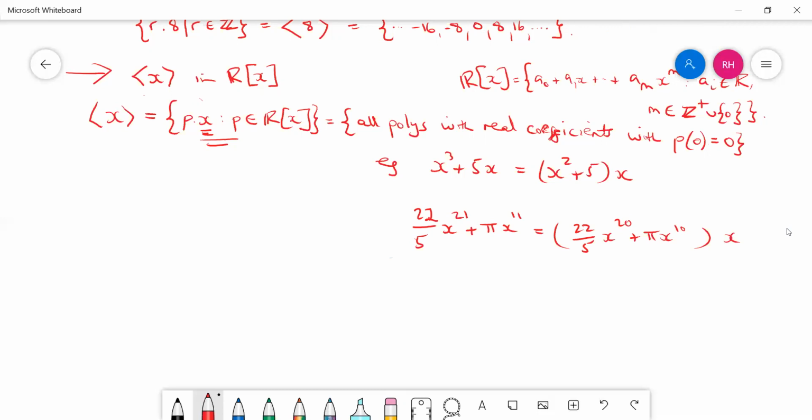But what about x squared plus 1? Well, I can't express that as some polynomial p times x, because I've got that constant of 1. So it doesn't equal that. So x squared plus 1 is not in this ideal that we've created up here.